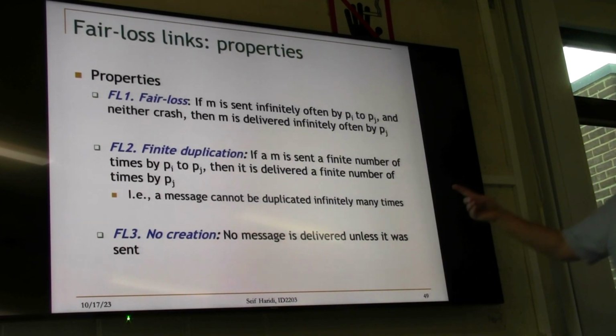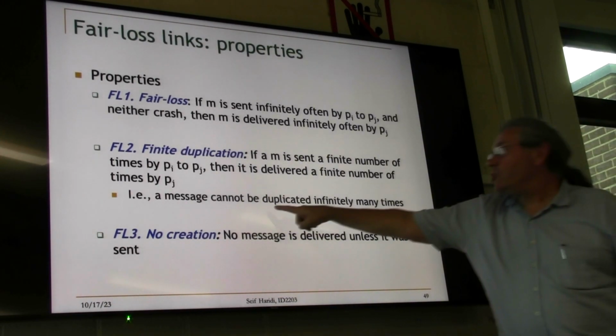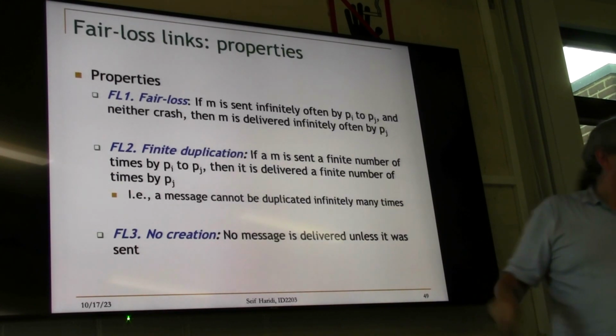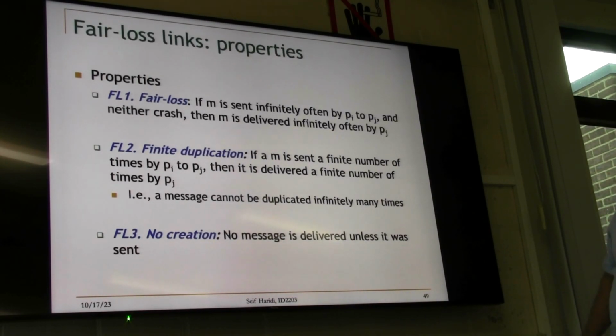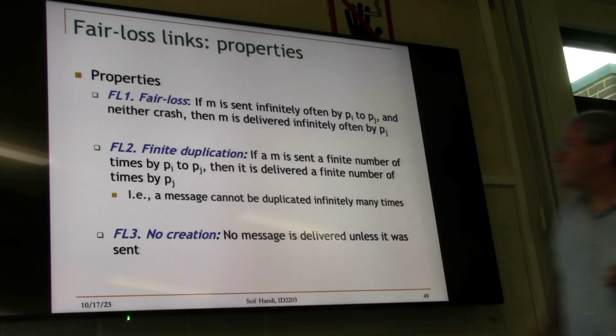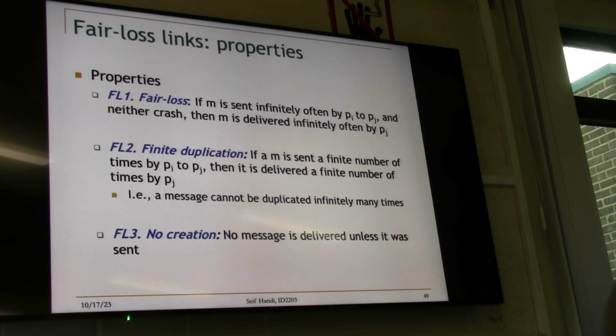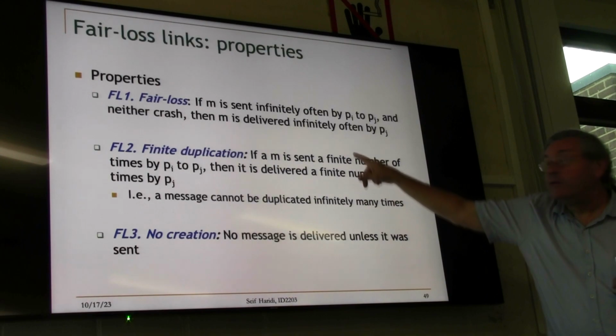The network is not going to duplicate messages forever. A message cannot be duplicated infinitely many times. So if I send a message once, it might arrive twice, or 0 times, or 5 times, but not an infinite number of times. If I send a finite number, it arrives a finite number. Notice it doesn't have to be the same number.